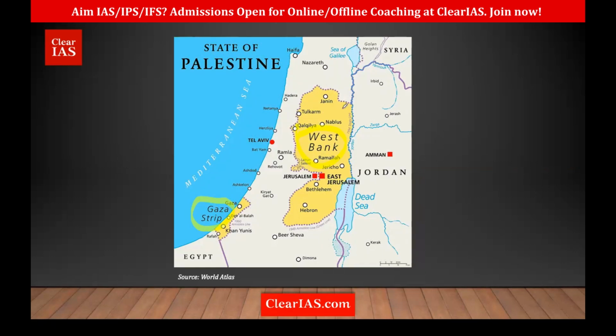So why is this region called the West Bank? Remember, although the name is West Bank, it is on the east side. Why is it so? It is on the west side of the Dead Sea. That is why it is called West Bank.